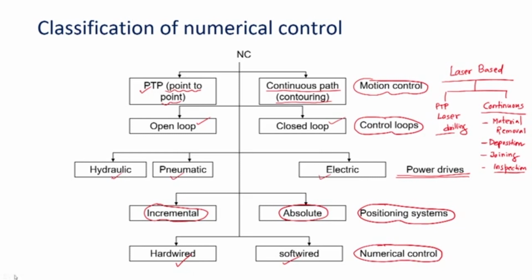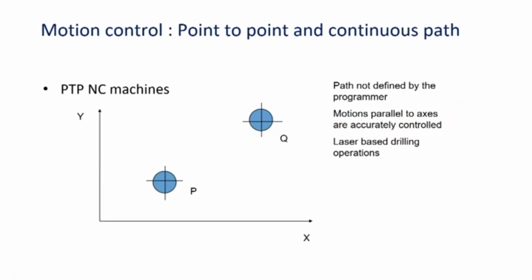In continuous or contouring type of control systems, as I mentioned, consider we have to move from this point P to this point Q in the specified route itself. So, this curve has to be followed in the xy plane to reach point Q from point P. So, the machine controls two or more axes simultaneously.